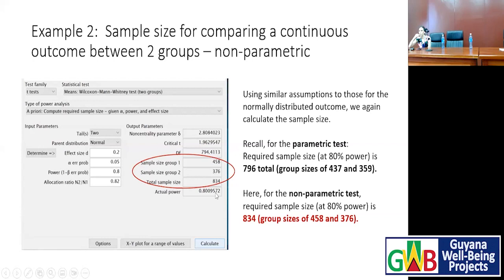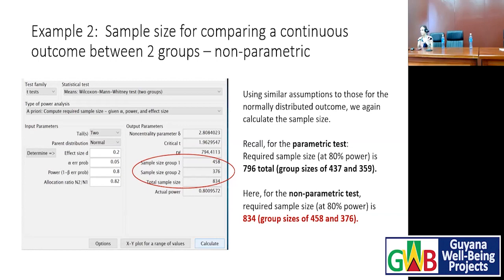I'll remind you from the screen before: for our parametric strategy, the required sample size at 80% power was a total of 796. We see here that for the non-parametric test, the required sample size at 80% power is going to be 834. So in that case, we would actually need a little bit larger sample size to have the same power.